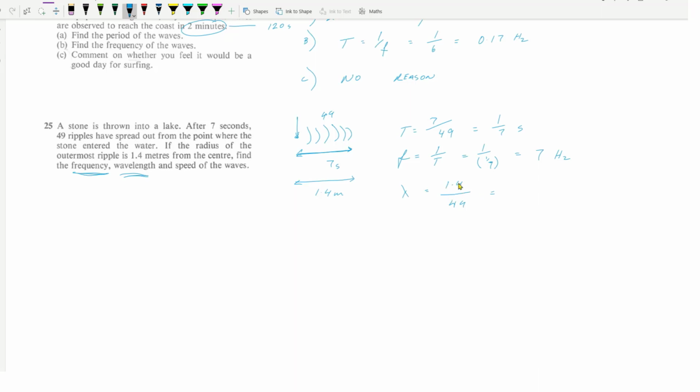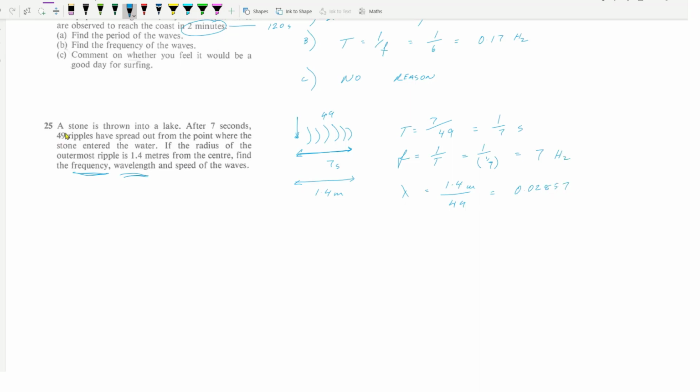So I split that 1.4 meters 49 times, and that will give me a wavelength of 0.02857.